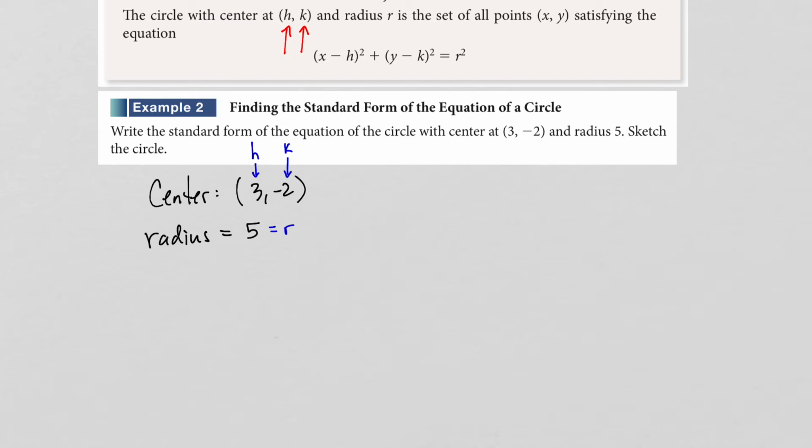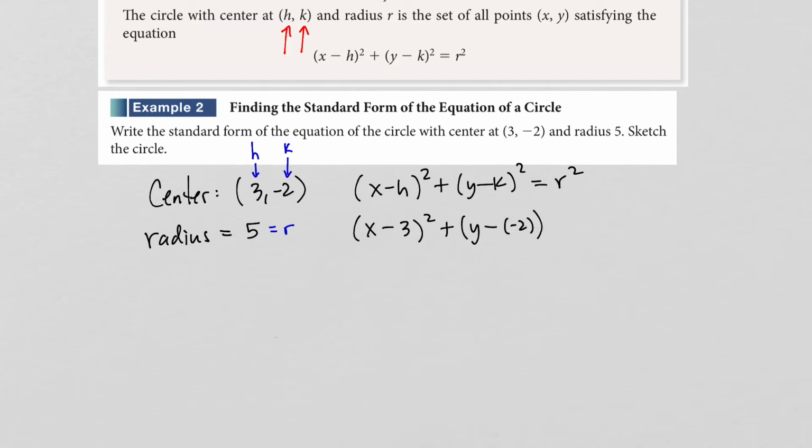So now if we take those quantities and plug them into this equation, we're going to get (x minus 3) squared plus (y minus negative 2) squared is equal to 5 squared.